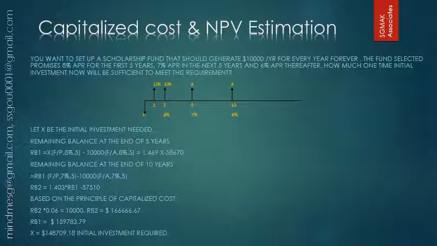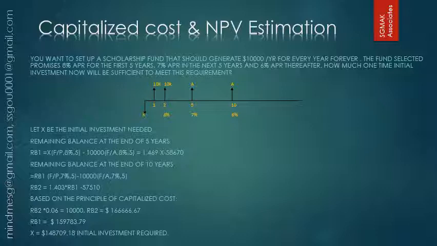Now, end of 10 years, the fund earns 6% forever. So following the principle of capitalized cost, all that you're withdrawing from the fund is just the interest earned. So RB2 times 6%, converted gives you 0.06. That should sustain $10,000 for the remaining period. That gives you RB2 as $166,666.67.